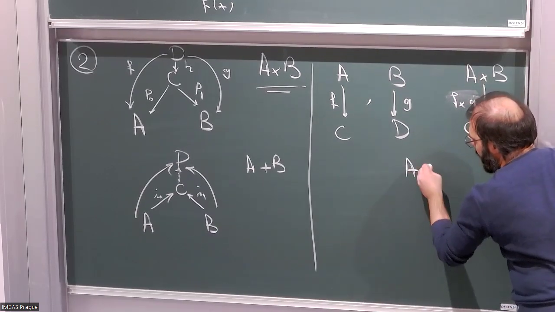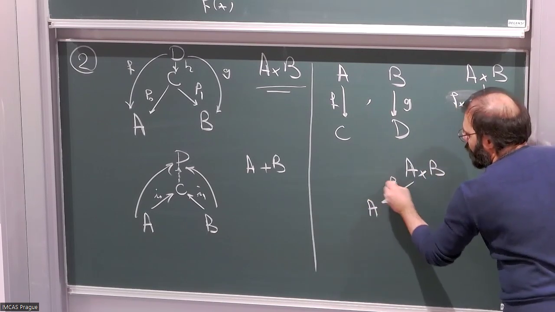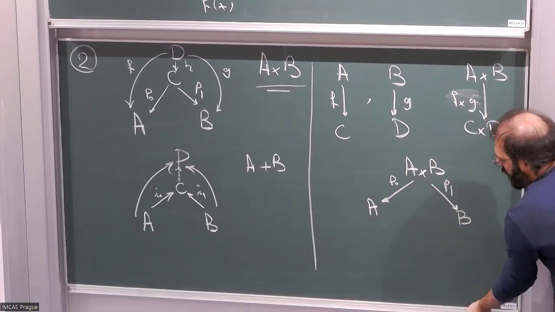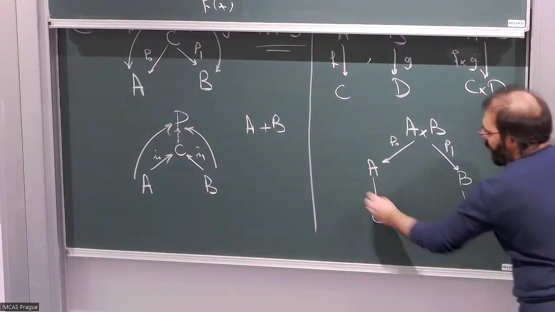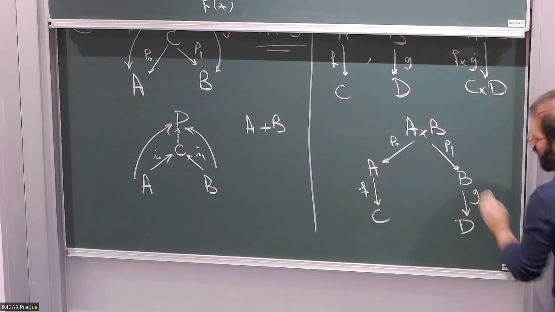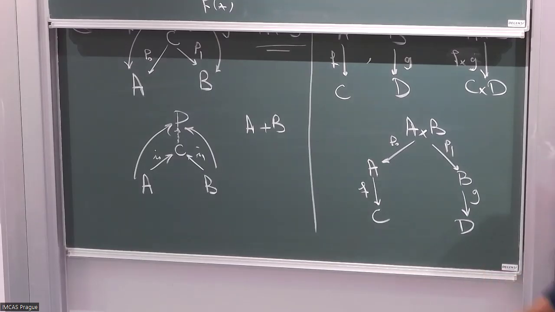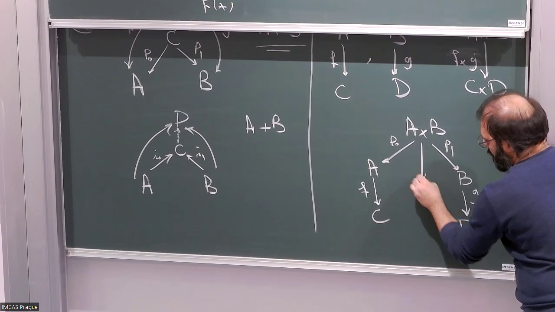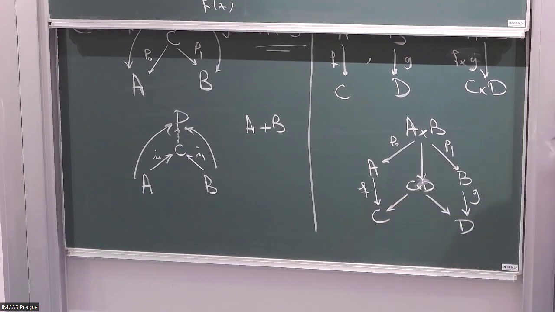How to go from A times B to A? You go with the projection. Then you go to C and D with F and G. So now from this guy, I have a map to C and to D. And then I can construct a map to C times D such that these guys commute, right?